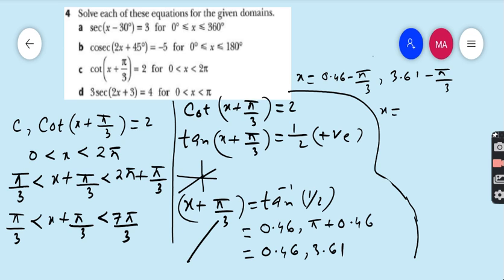So x is equal to 0.46 minus pi by 3. Kindly wait, I am checking if there is any mistake.